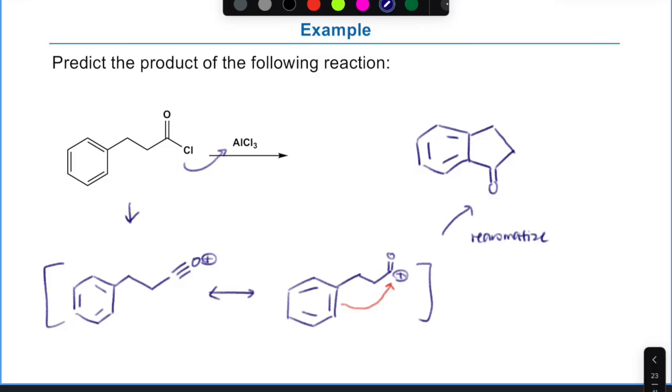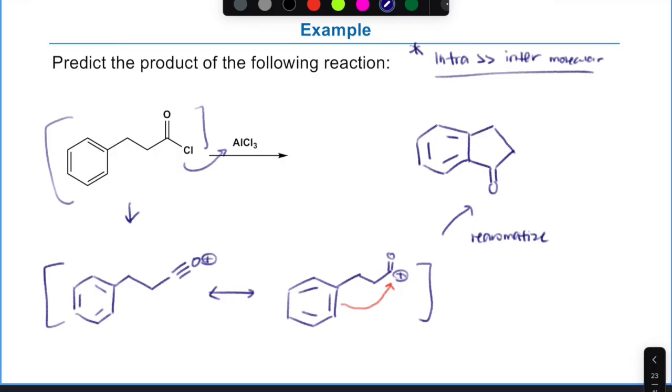And this intramolecular reaction is way faster than if there was another one of these in the solution. So it would do an intramolecular over an intermolecular. So typically intramolecular is always faster, like 10s to 100 times faster. Something to keep in mind.